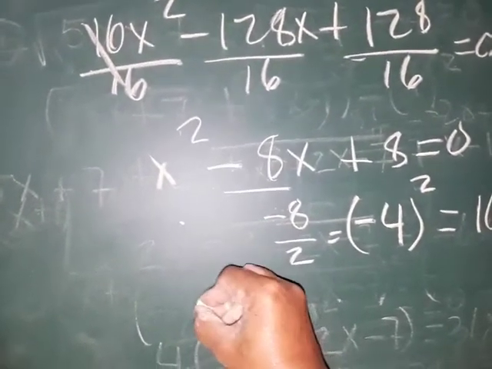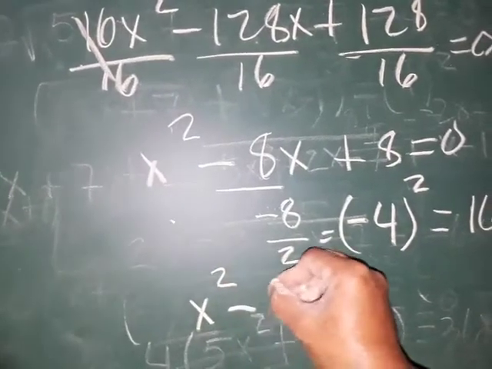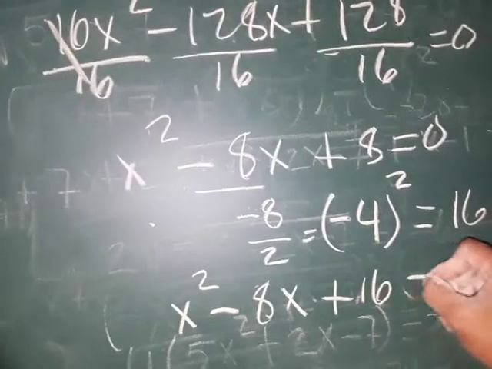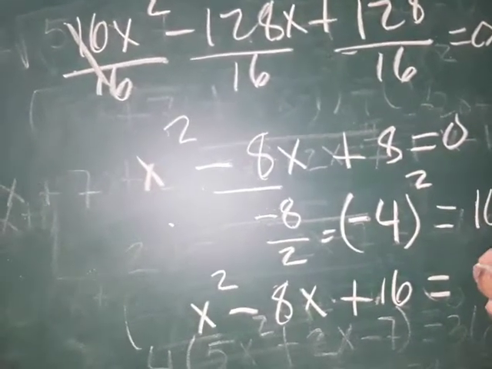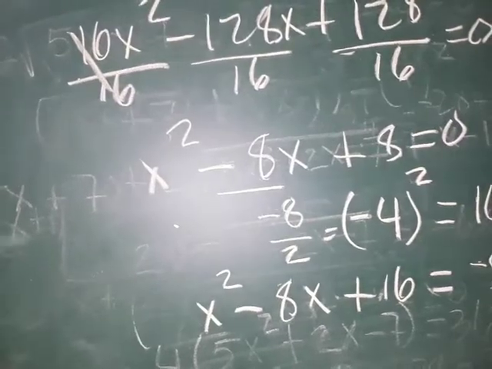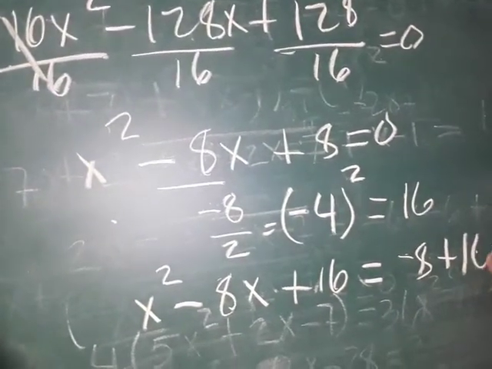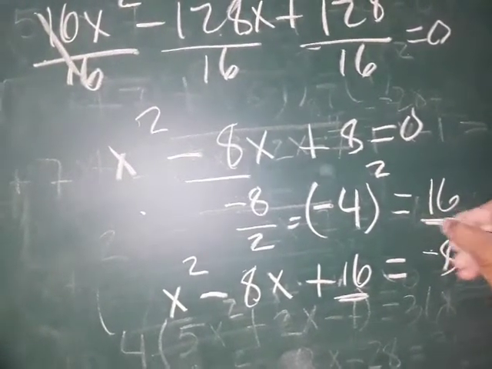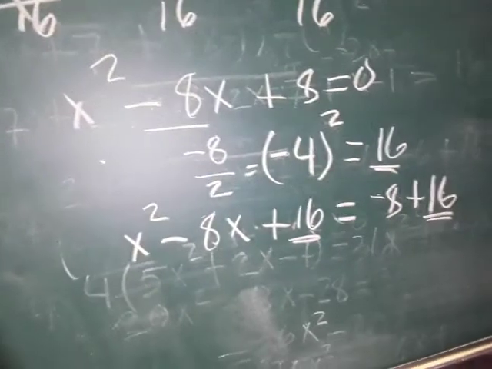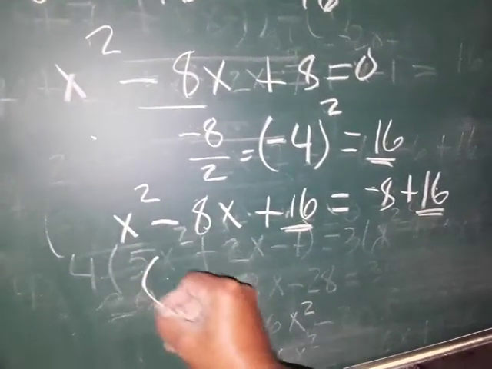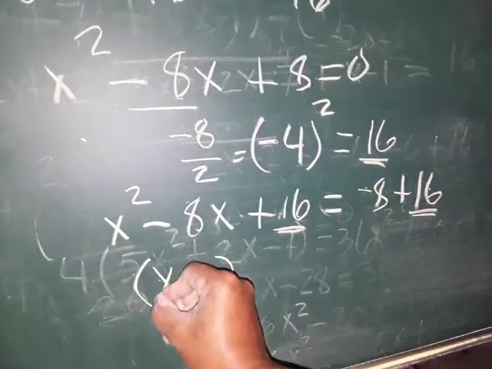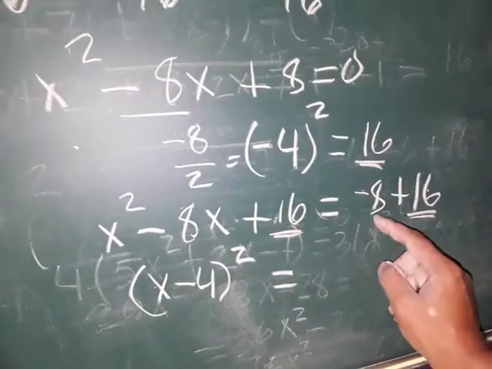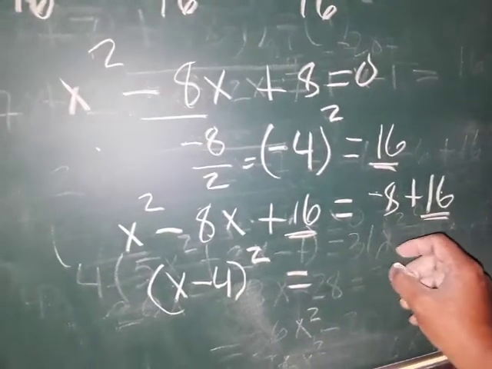So our new equation is x squared minus 8x plus 16 is equal to, transpose to the other side, negative 8 plus 16. Whatever you add here must be added here, the one that we get in the middle term. Okay, next, factor it out. So we have x minus 4 squared is equal to negative 8 plus 16.